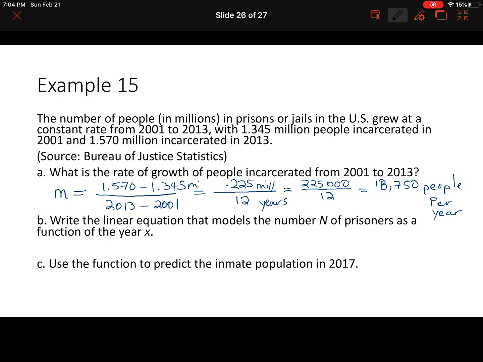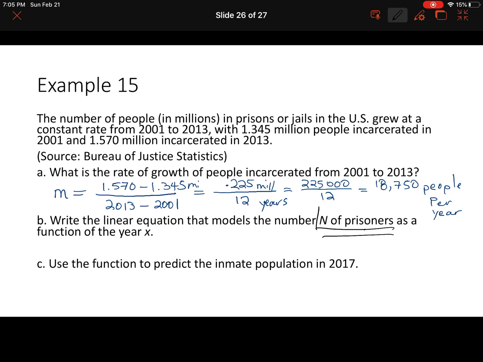You got 225,000 people in jail over the 12-year span. The change in the y over the change in the x, the number of people in jail depending on the year. So we calculated that to be 18,750. And then it says write the linear equation that's associated with that for the number of prisoners, N of prisoners as a function of x year.